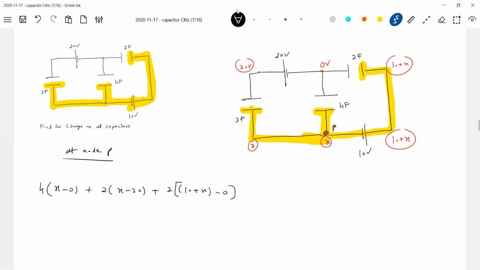Set all equal to 0. Why 0? Because initially there is no charge in that system.